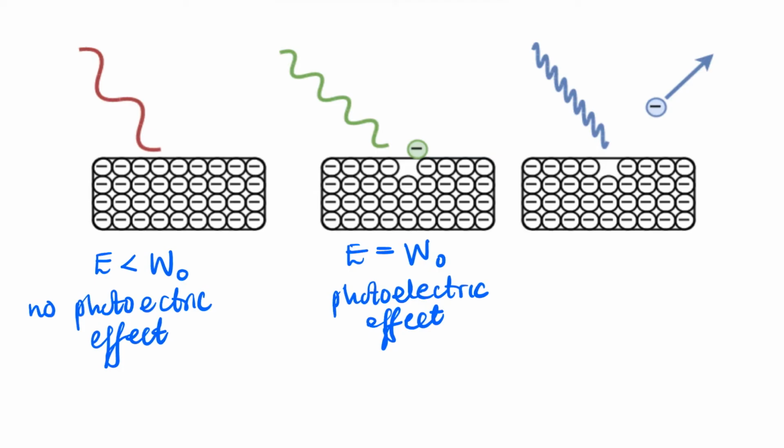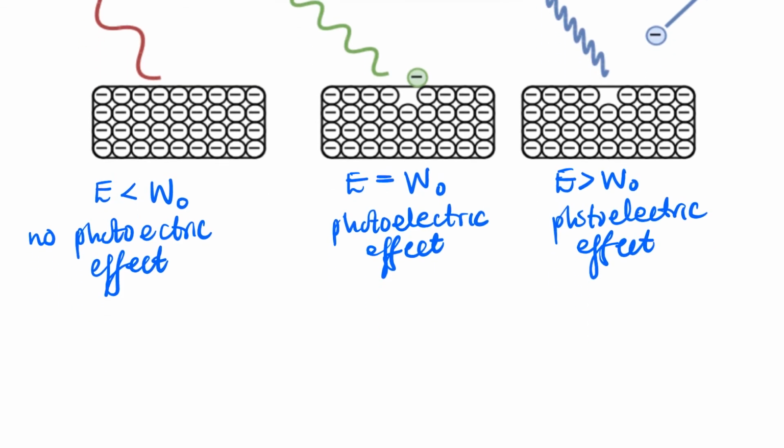So let's look at when a light of different intensity or frequency is used. Look at the electron. The electron is not just ejected and sitting on top of the surface. It has a movement. It shoots away. So now we say that the energy the light has is greater than the work function, which means the photoelectric effect has occurred, right?